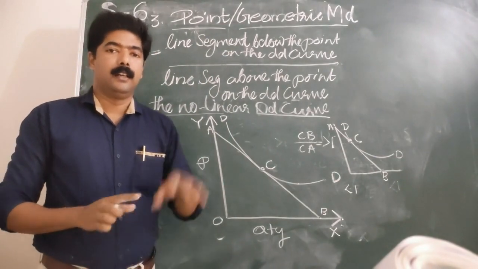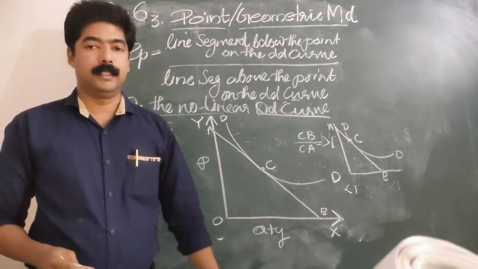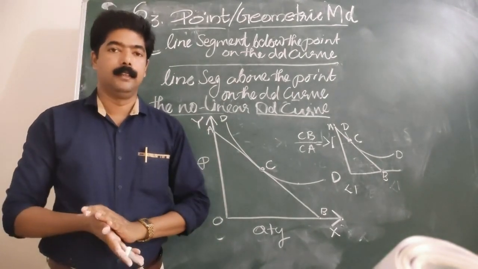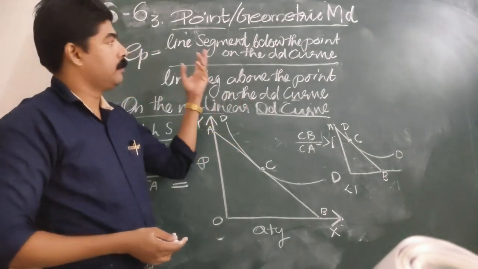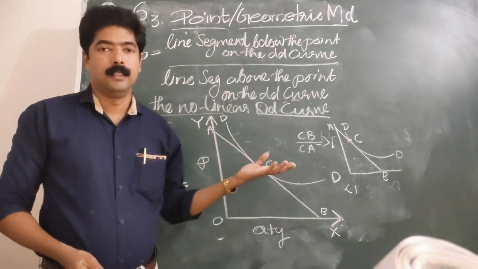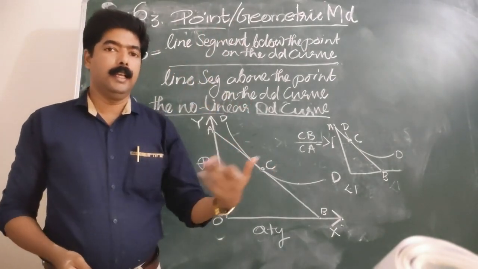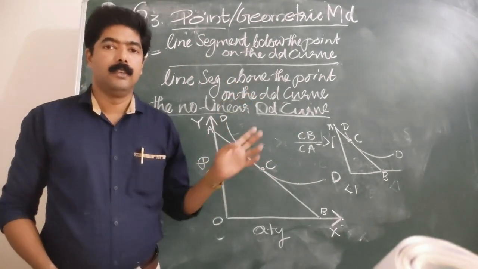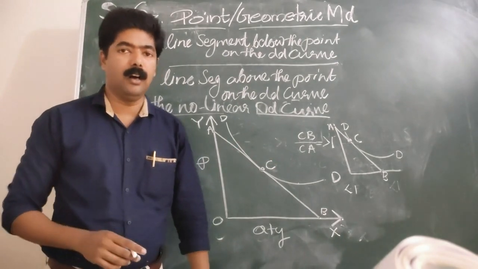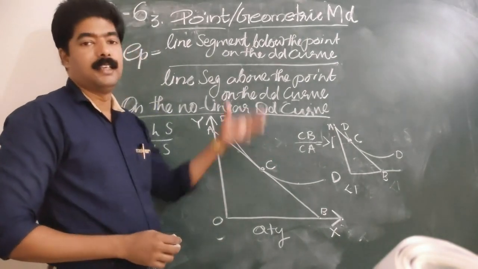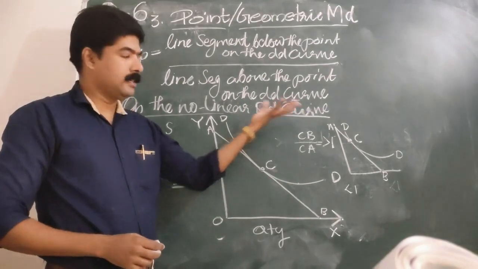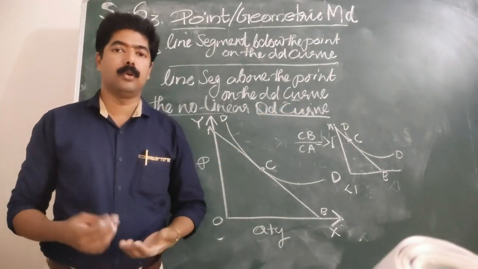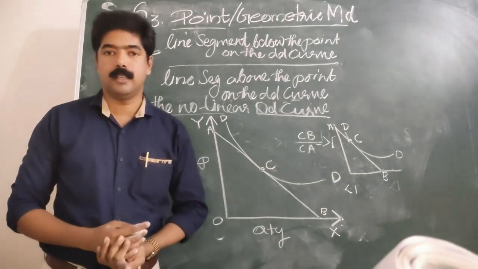So we have discussed three methods of calculating price elasticity. Keep in mind all three methods, which I have explained very clearly. Among these three methods, the numericals are based on the proportionate method or percentage method. Last class we did some of those questions, and as I told you, there are a number of solved and unsolved questions in the textbooks.